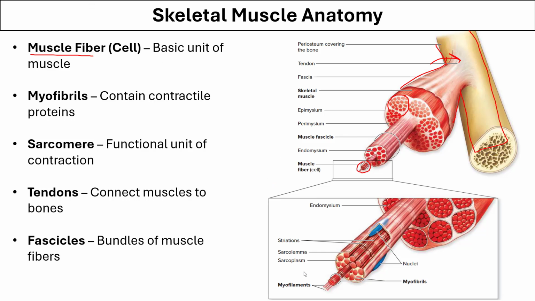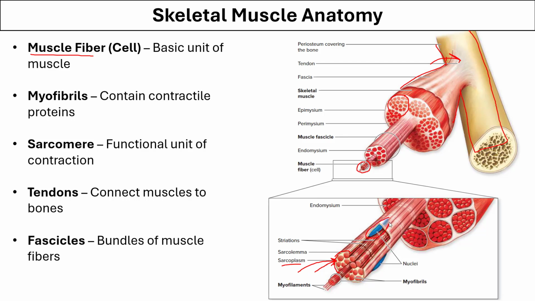Inside each of these muscle cells, you have the basic structure of a cell. You would have a membrane, which is called the sarcolemma. In general terms, you would call it a plasma membrane. Then you have cytoplasm, which in a muscle cell is called sarcoplasm.